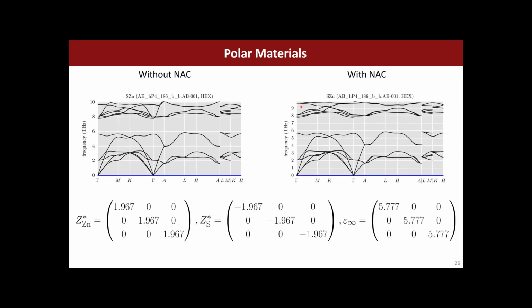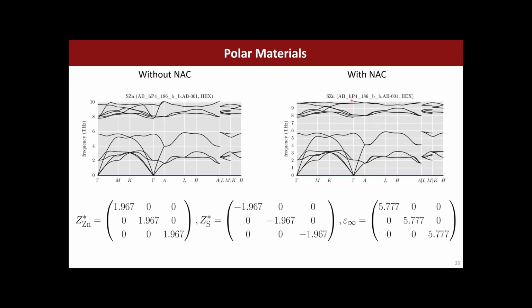For zinc sulfide, you see without the non-analytic term correction, we have a huge difference, especially looking here at the gamma point. We don't see any discontinuities here. We do see them here though when we turn on the polar corrections, the non-analytic term corrections, because of the direction dependence of the non-analytic term correction.